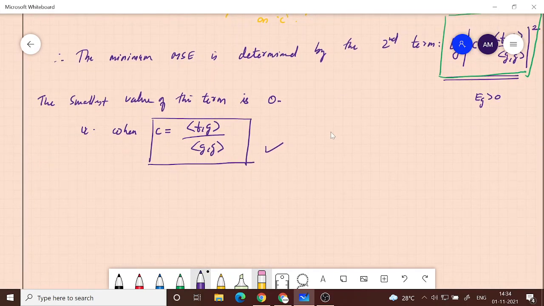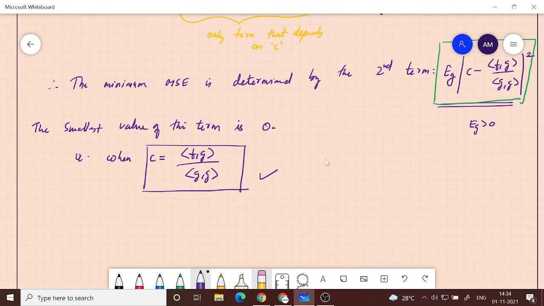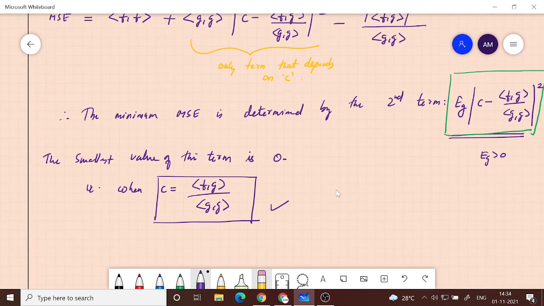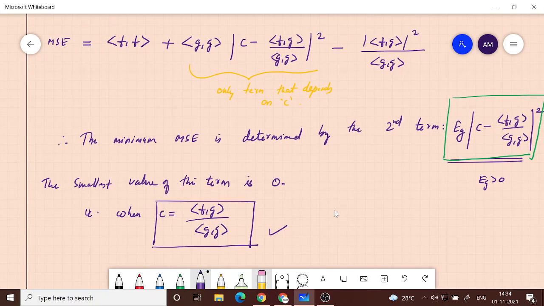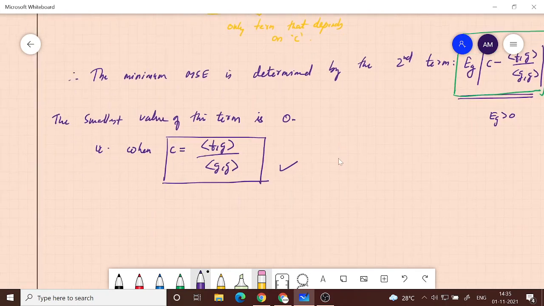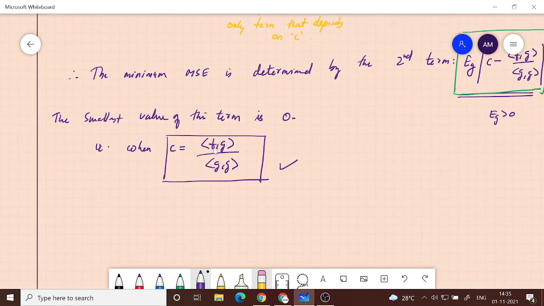We got the value of C. What we are saying is that the minimum mean square error, or the best value of C that we can take, is to multiply the function G with a constant where C is equal to F inner product with G divided by the energy of the signal.